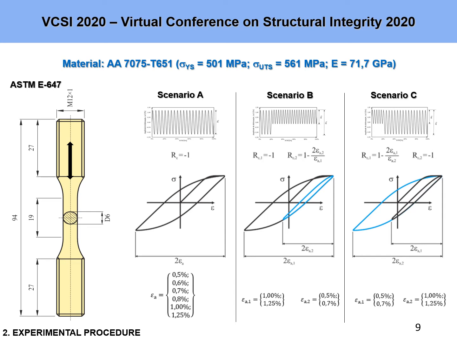Scenario B consisted of a symmetrical-asymmetrical loading sequence, so, in the first stage, under fully reversed conditions, we have used strain amplitudes of 1% and 1.25%. In the second stage, with positive mean strain, strain amplitudes were 0.7% and 0.5%.